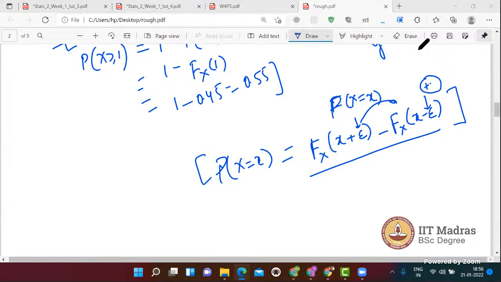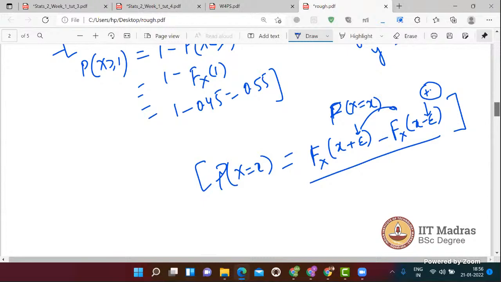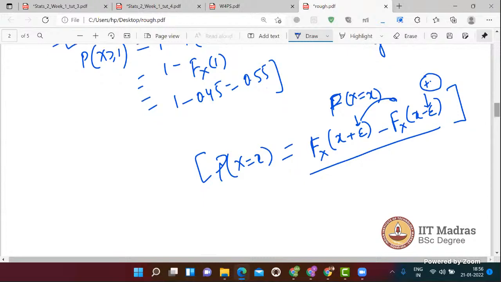There will be around 20 questions, I guess. 18 to 20 questions will be there in quiz one. The questions are almost the same pattern as the practice and graded assignments, and some concepts have been taken from the lectures itself.